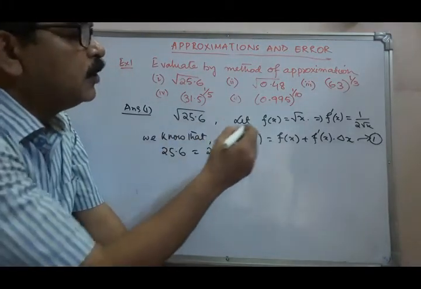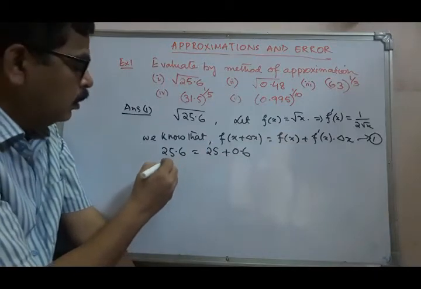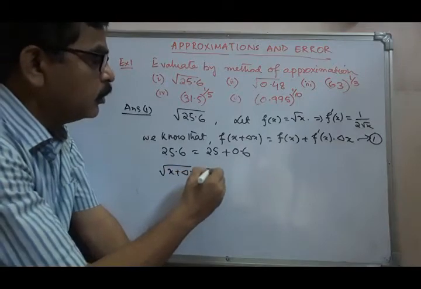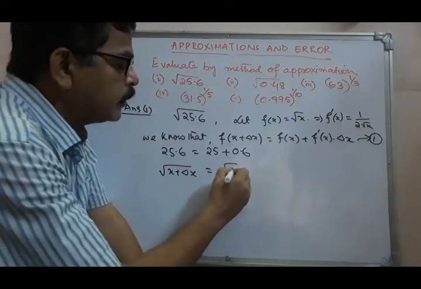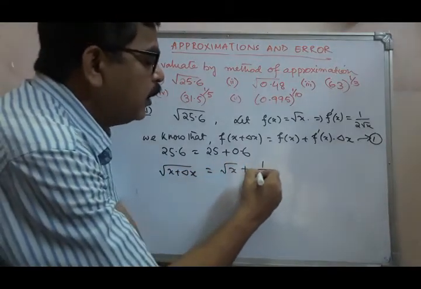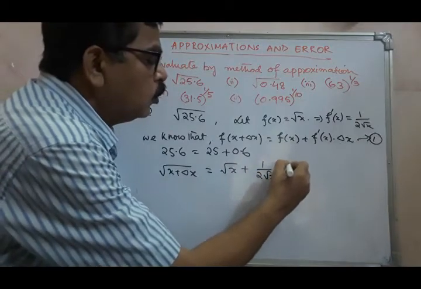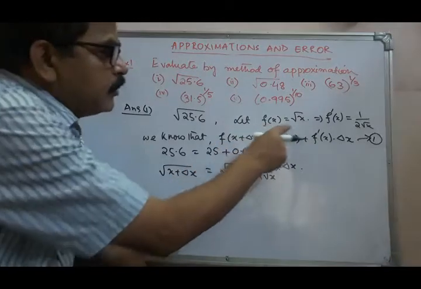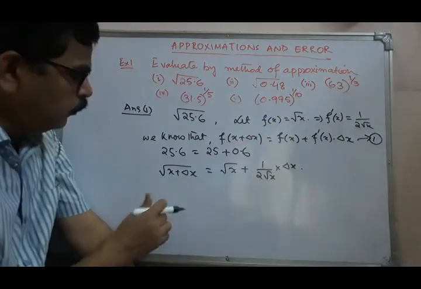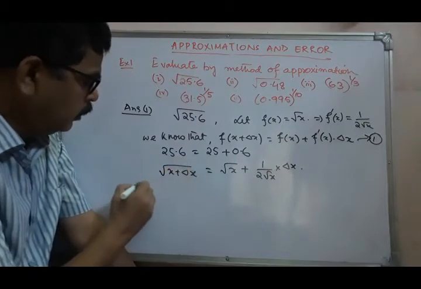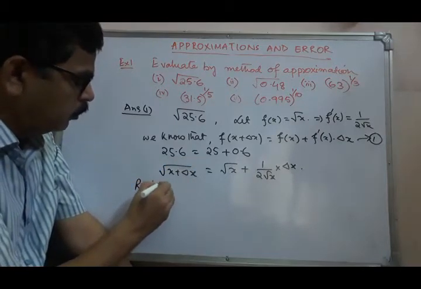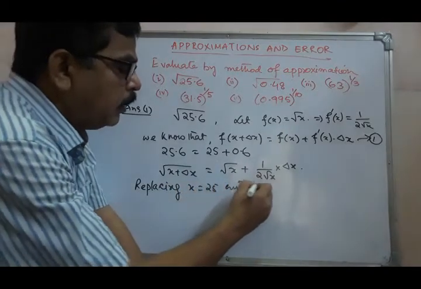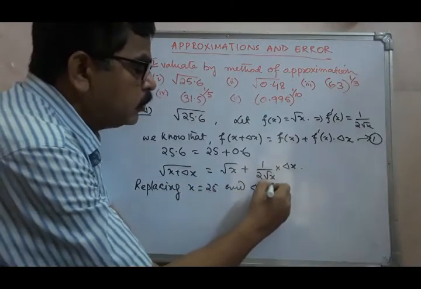So from relation 1 we write root over x plus delta x equals root over x plus 1 by 2 root x into delta x, since f of x equals root x. So therefore we replace x by 25 and delta x equals 0.6.